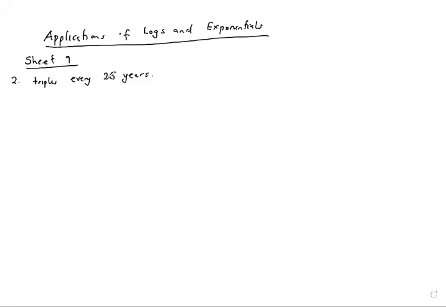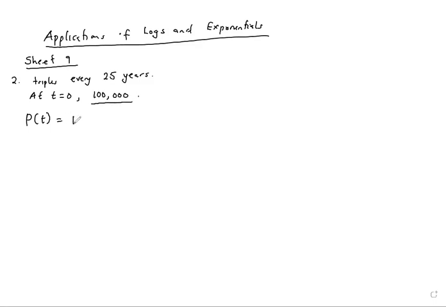At time t, when t is equal to 0, the population is 100,000. Write a function for the population P(t) as a function of t. So when t is 0, we have 100,000.